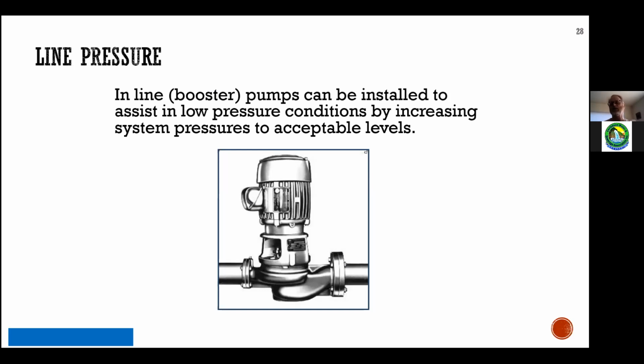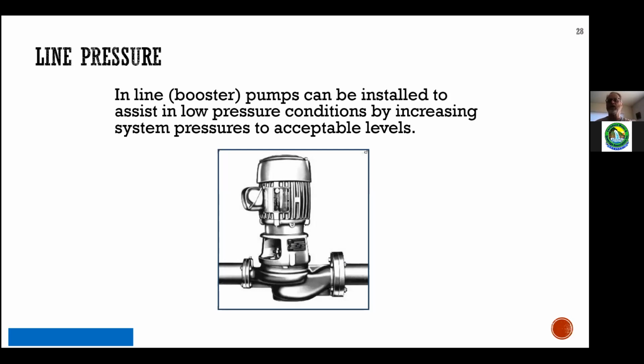So we talked about things that can rob, or conditions that can rob energy. Well, the reverse is true. We have means at our disposal to increase elevation artificially. We're not actually changing the elevation of the pipelines, but we can boost energy by installing a pump.